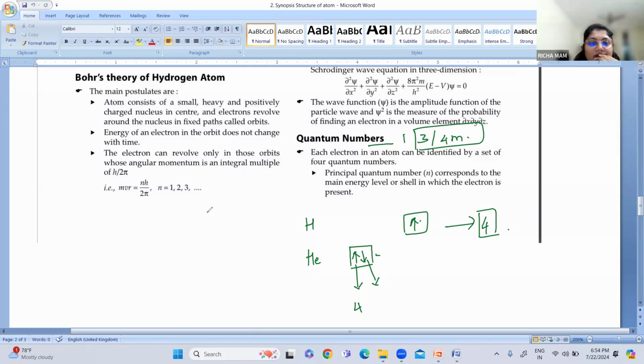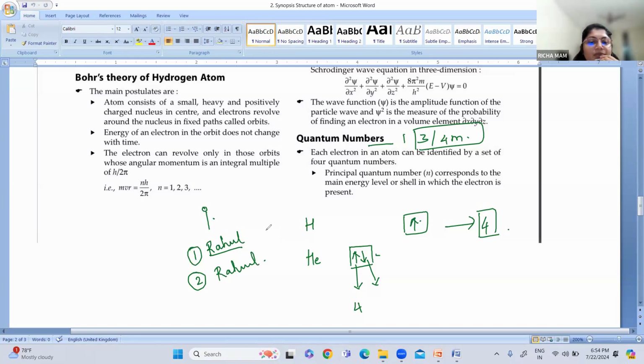Suppose one student is there. Now how is he represented? He is represented first by his name. Suppose another person also has the same name. Suppose both students' names are Rahul. Now how are you going to identify the next one? By his surname.